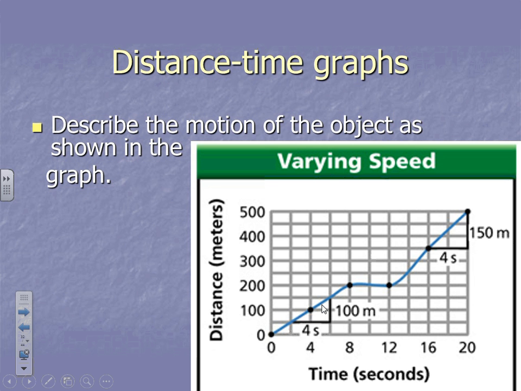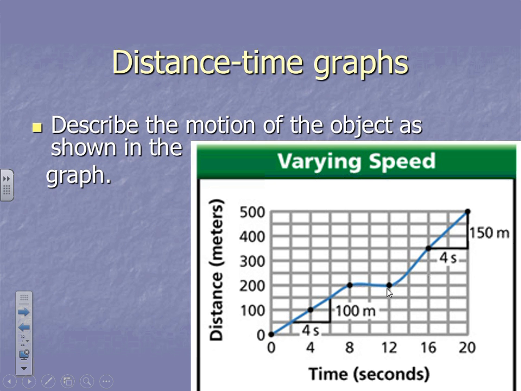Anytime you have something increasing its distance away from the reference point, you have positive motion. That's what the slope would be, positive. So 100 meters divided by 4 seconds would give you a slope of, not 15, 25. Sorry, 25 meters per second. Now, that is a positive slope, so that means the motion is away from the reference point.